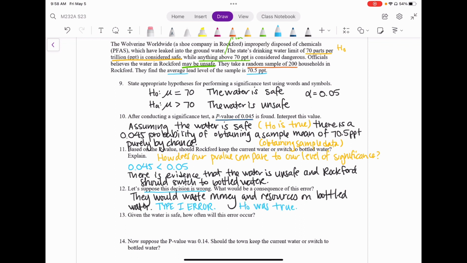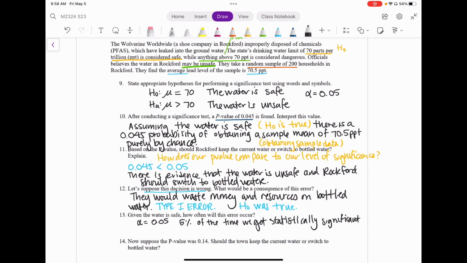If the water was safe, this would happen how often? Well, we have that threshold that we've decided, our alpha equals 0.05 level of significance. So this would be how often that could happen. There is a 5% chance that we could commit this error. So 5% of the time, we get a statistically significant result purely by chance.